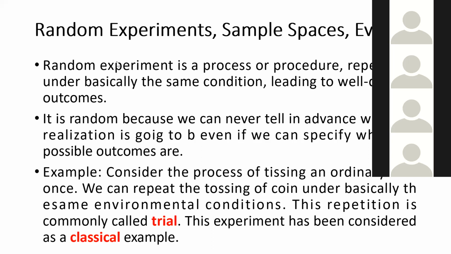Random experiment is a process or procedure repeatable under basically the same condition, leading to well-defined outcomes. It is random because we can never tell in advance what the realization is going to be, even if we can specify what the possible outcomes are.